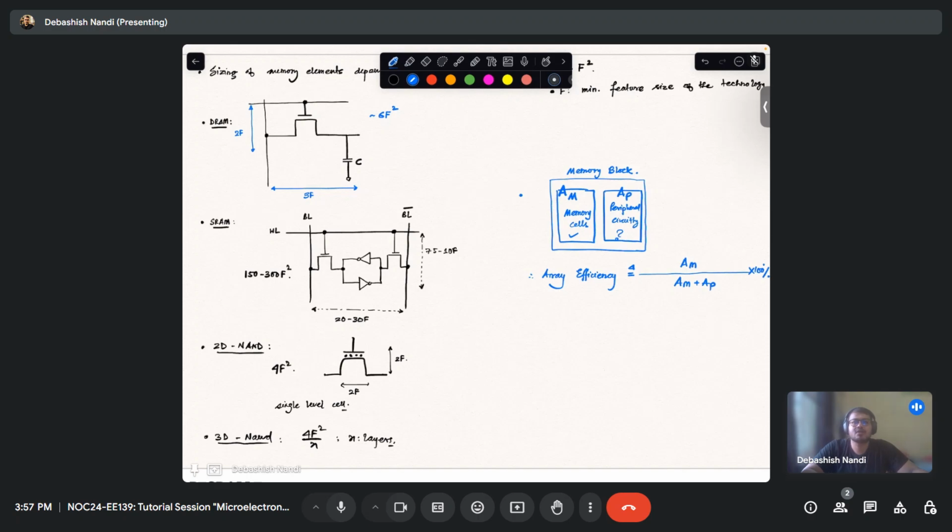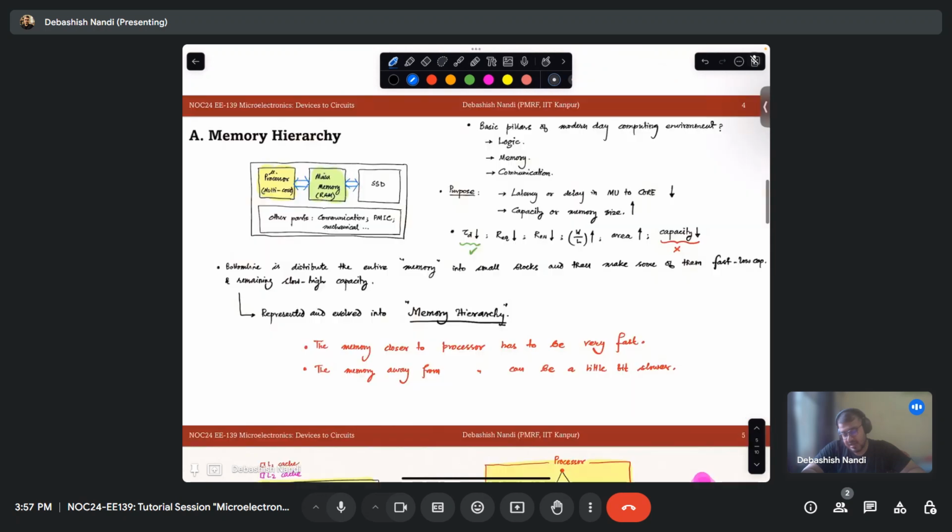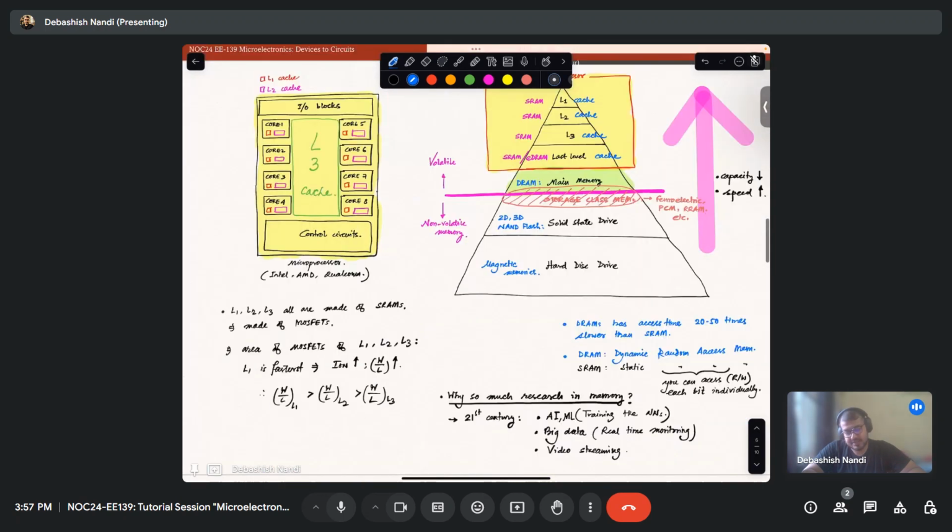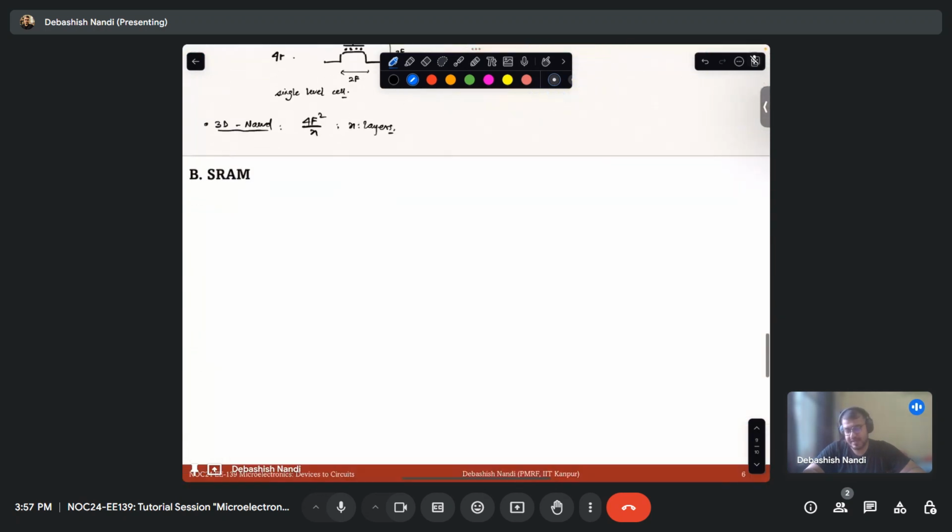So this is what we will discuss till this memory hierarchy and all. And in the next part we'll be going to SRAMs, okay?